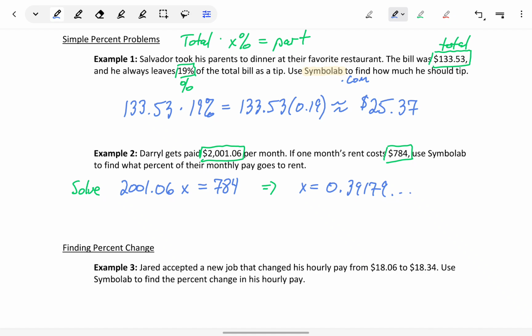It's just giving us the first several decimal places there. And then if we wanted to round this, first we need to convert this to a percent. We would do that by shifting the decimal place 2 spaces. And if we wanted to round that percent to 2 decimal places, our final answer would be 39.18%. So Daryl pays a little over 39% of his monthly income towards his rent.